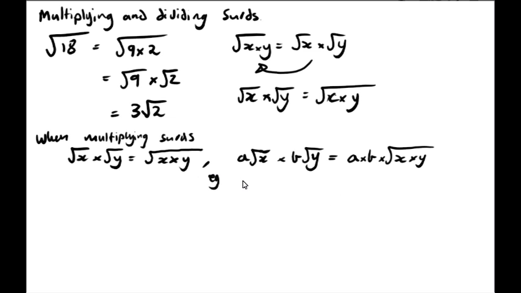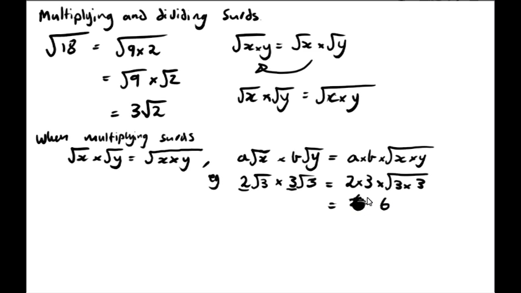So for example, if we had 2 root 3 times, let's say, 3 root 3, that would simply be 2 times 3, that number and that number, times the square root of 3 times 3. You'd be able to simplify it as 6 times the square root of 9. For this example, you could probably simplify that 9 as well, but as you can see, we're using that property.